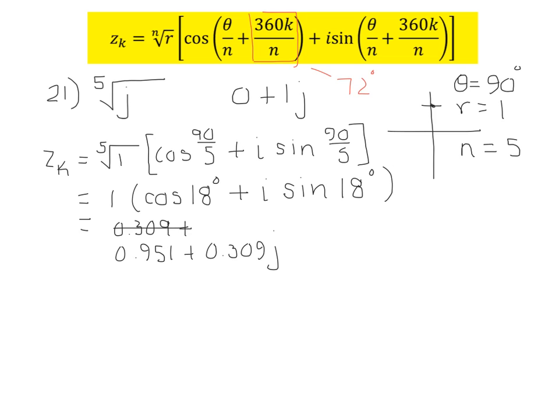So to find z sub 1, I'm going to need to take that fifth root of 1 again, which is still 1, and take my 18 degree angle and add 72 degrees to it. That's 90 degrees.